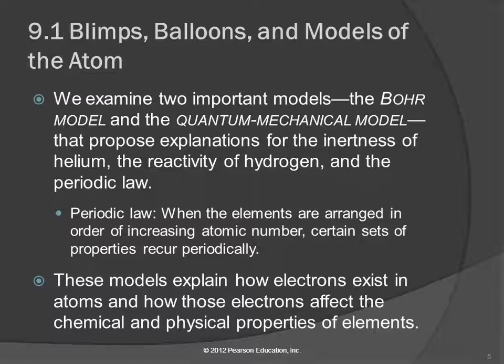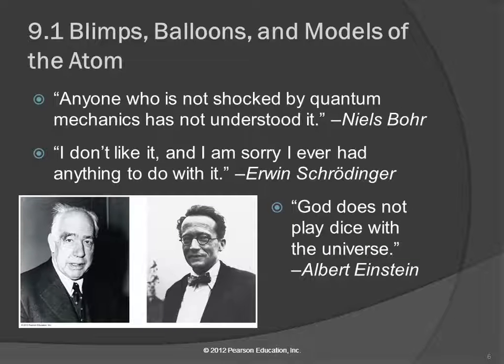That's why it's called a periodic table, because there are patterns that repeat periodically. And that's why the group 1A elements are all stacked up on top of each other, because they have a lot of common properties. So the models we're going to talk about help us to understand how electrons exist in atoms, what they are doing, and how those electrons affect the chemical and physical properties of elements.